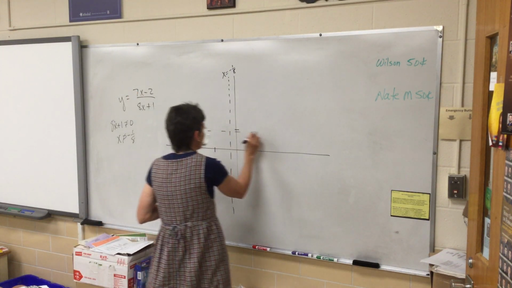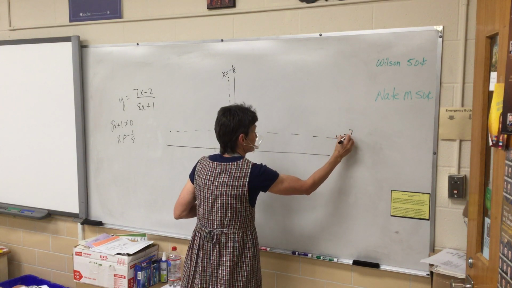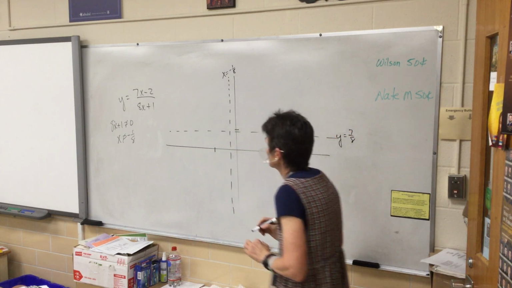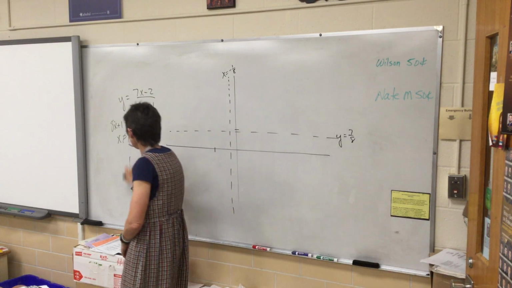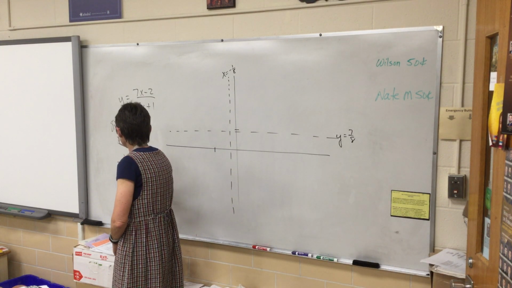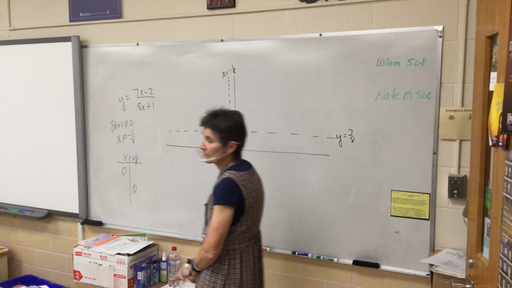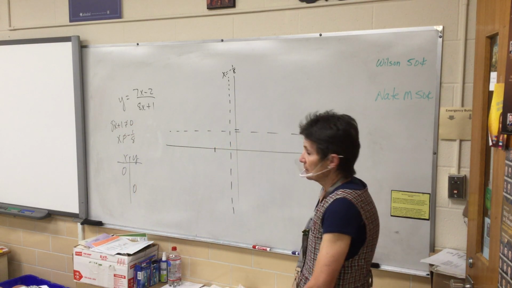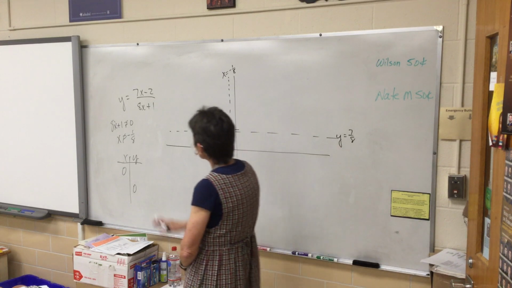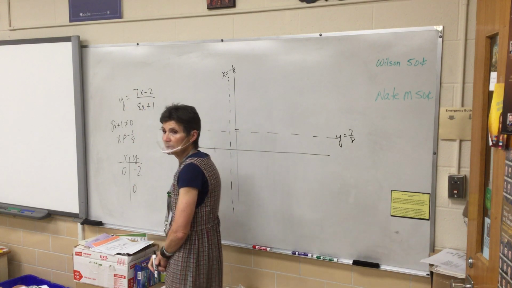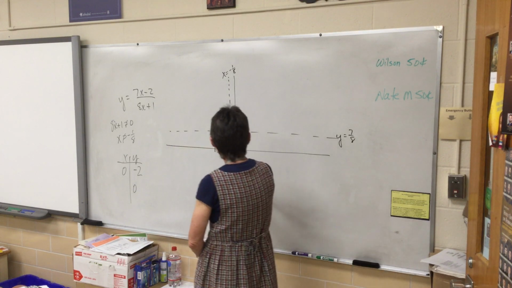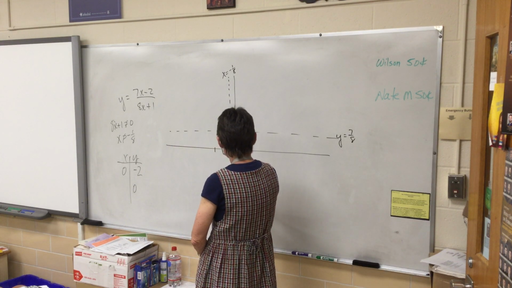So here is y equals 7/8. Now to find your intercepts, let's not make this complicated. If we let x be 0, it looks like y is going to be -2. So that's my y-intercept.